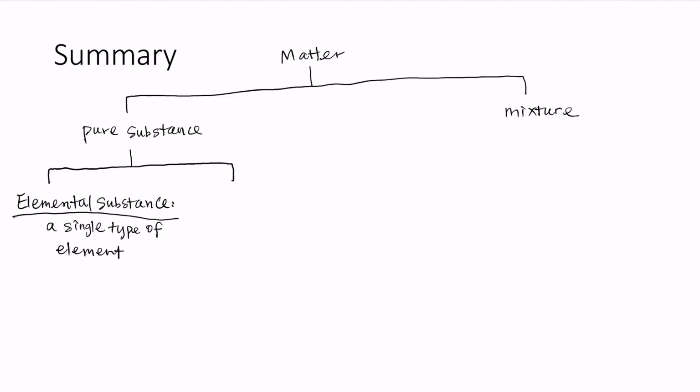Some examples we talked about earlier: aluminum, and other examples like calcium, iron, and oxygen gas. The second type of pure substance is compound.